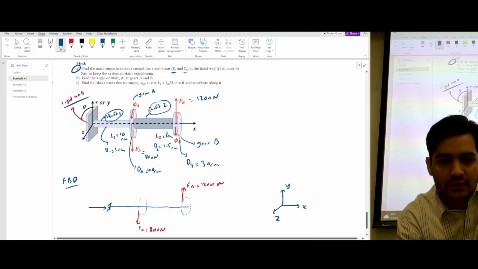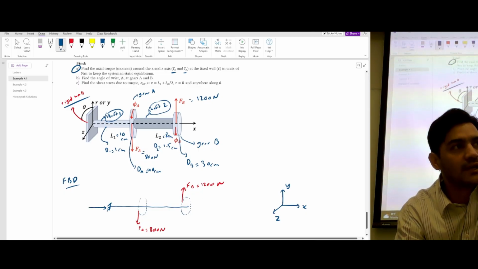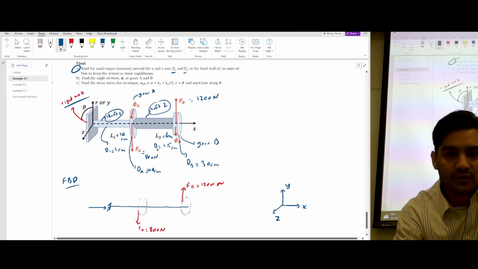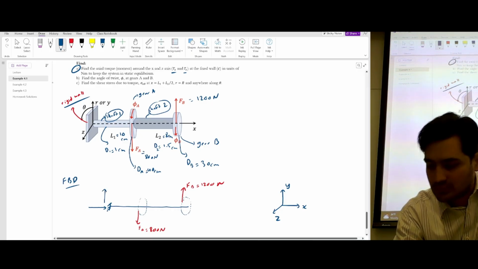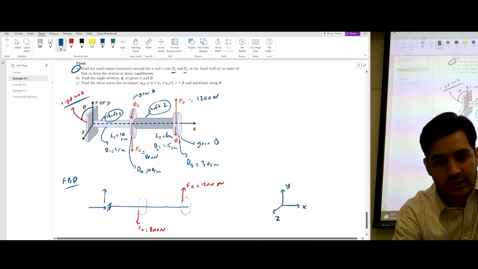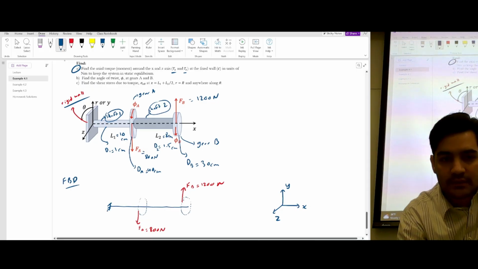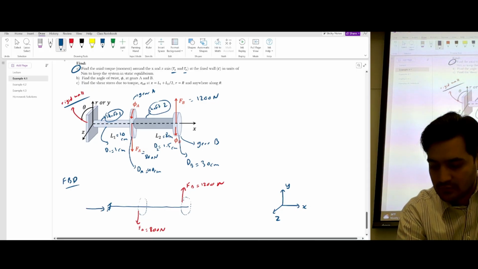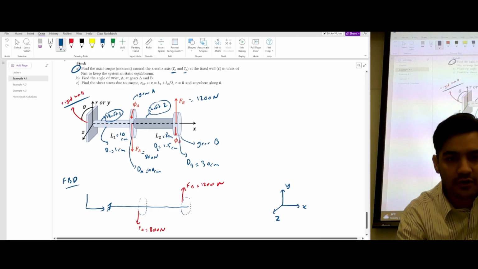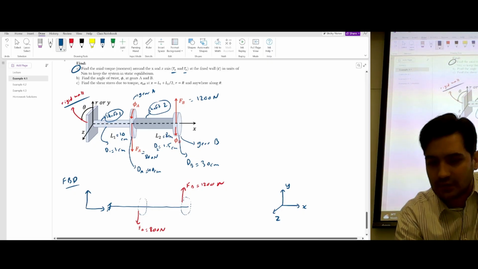This is one force which is acting along the x-axis, the reaction load. This is another reaction load, and let's draw it this way to make it more clear.